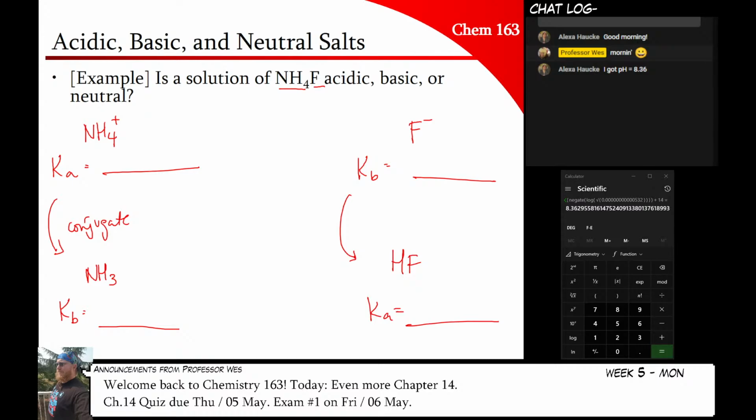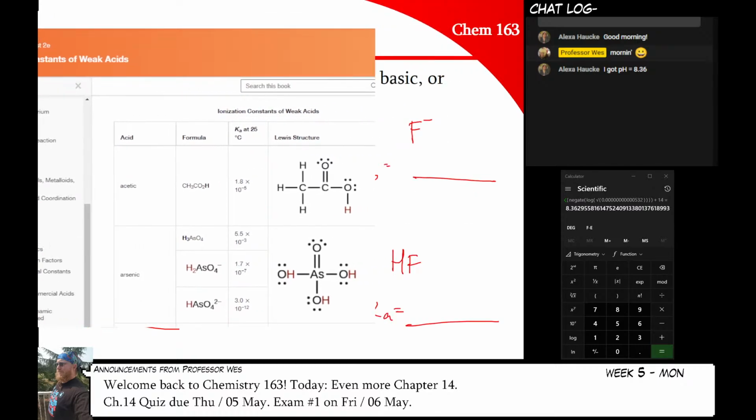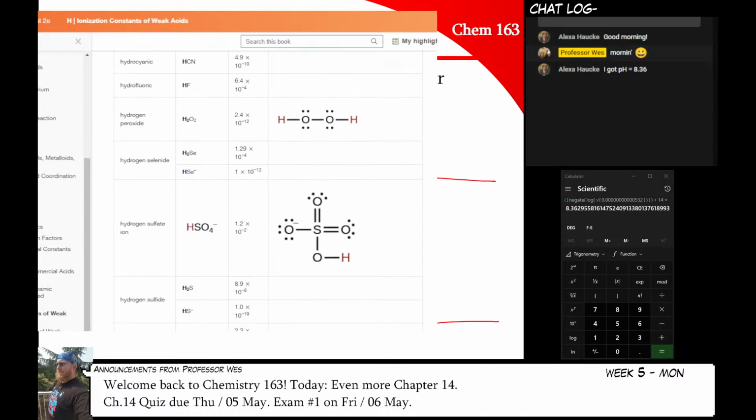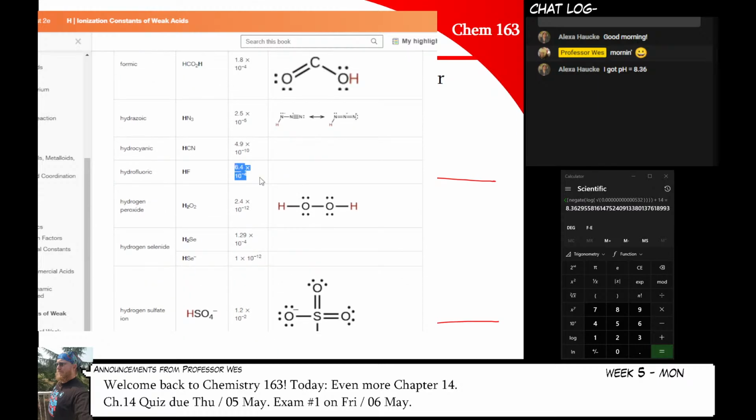So let me find Appendix H and I. And we can get this on the screen, actually. So here's Appendix H in your textbook. That's the table of contents on the right, so we don't need to expand that. But Appendix H just has a bunch of acids in there. It has the Lewis structures for them, too. But here's HF, 6.4 times 10 to the minus 4.